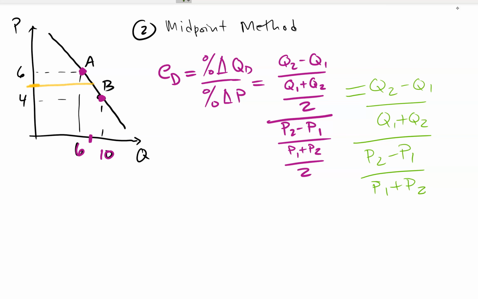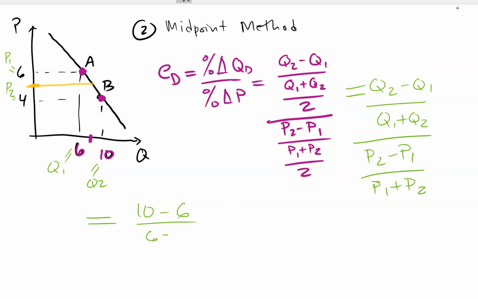Let's say we're going from A to B. When we go from A to B, this is P1, this is P2, and this is Q1. So the quantity goes from 10 to 6, and then we're going to divide it by 10 plus 6, or 6 plus 10. It doesn't matter.